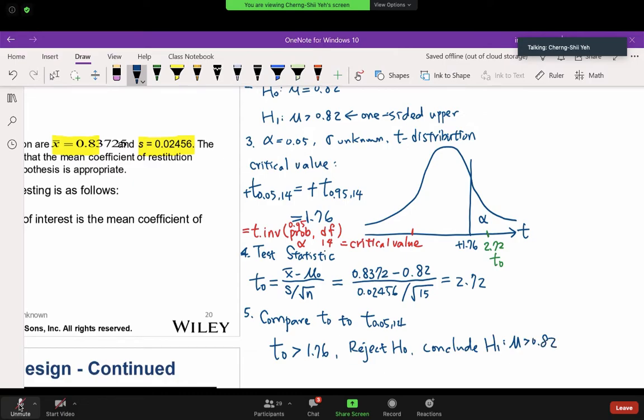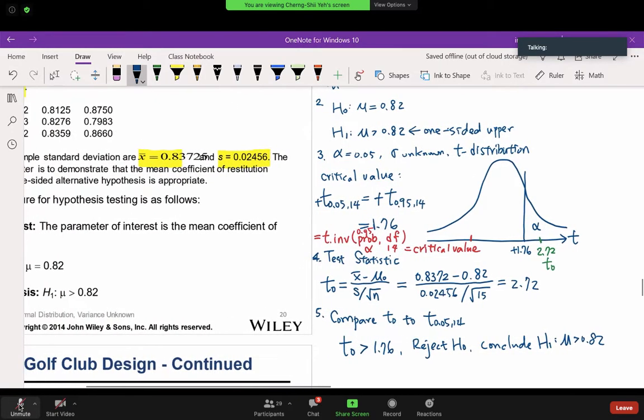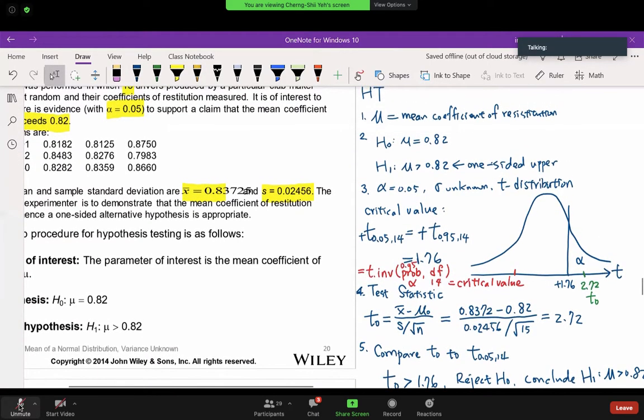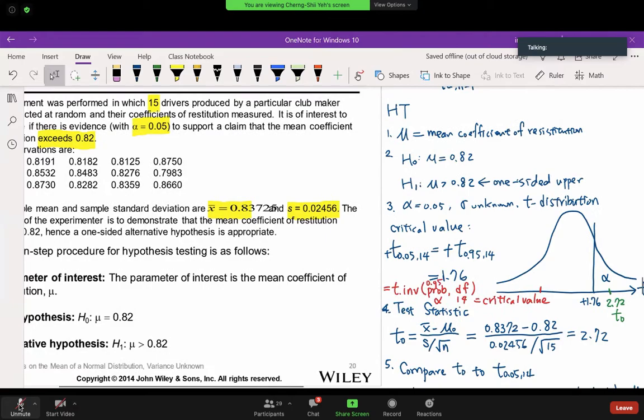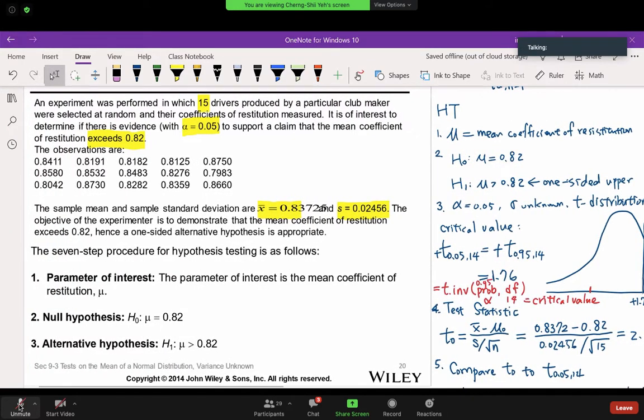And what does this mean? Let's go back to the question. The question says, is there enough evidence to support the claim that the mean coefficient of restitution exceeds 0.82?